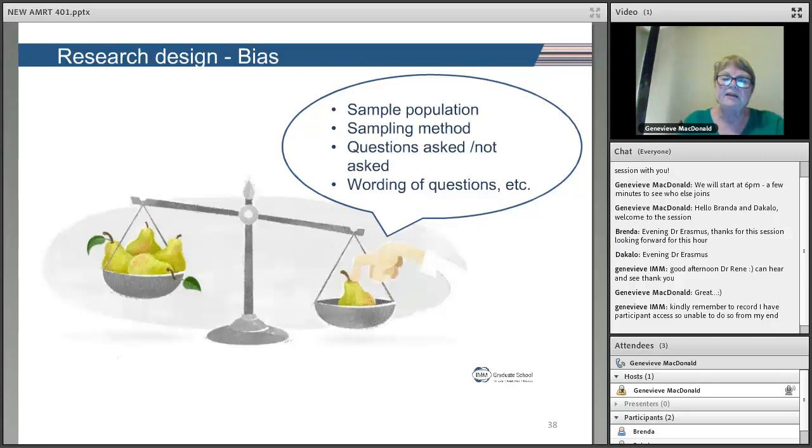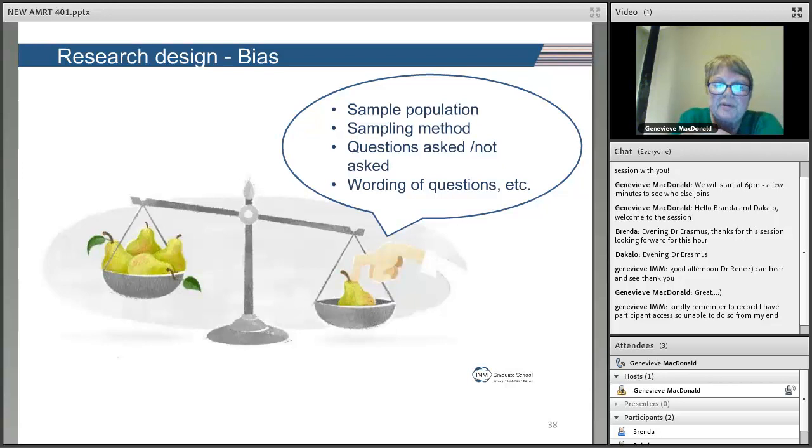Why did you pick those questions and not the other questions? You can actually introduce bias by leading the respondent along a certain way. If you're just picking your friends as a sample population, only using them because it's easy, and only asking them the questions that you want them to answer the way that you want, all of that can introduce researcher bias.